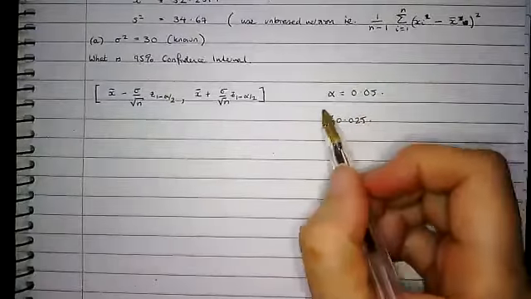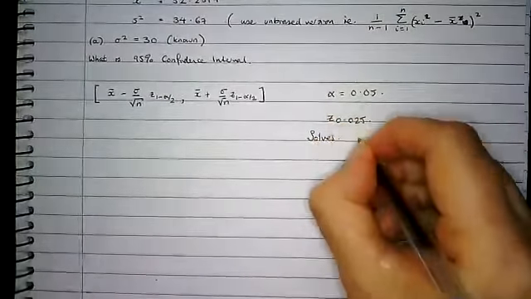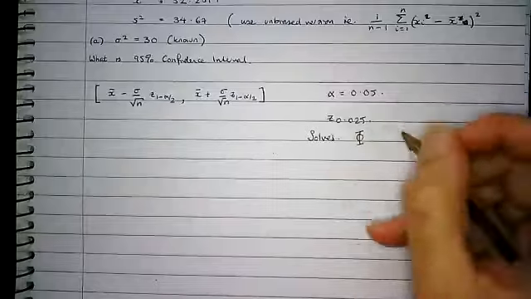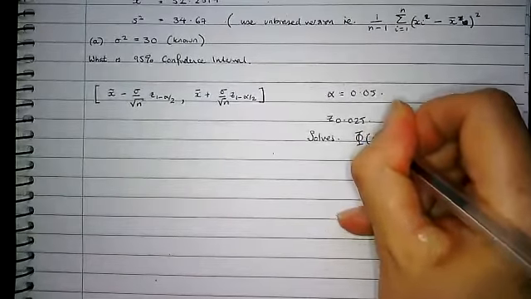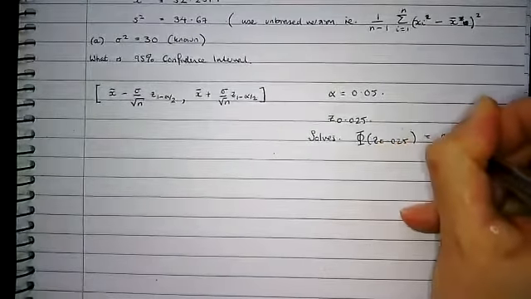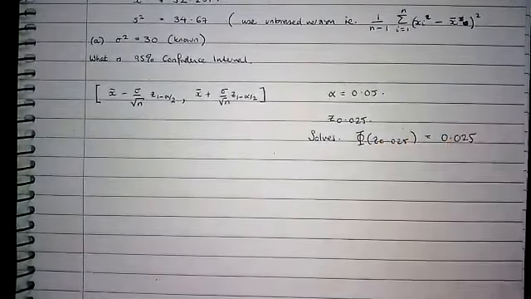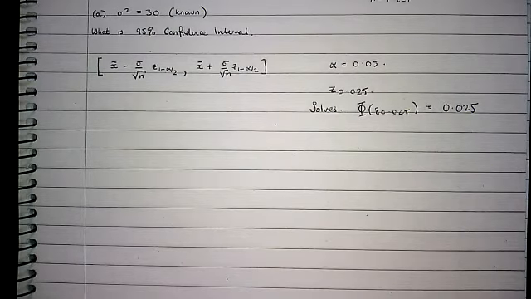And this thing by definition solves, put it into the CDF of the normal distribution, 0.025 equals this one. Okay, and we can look up that z in the table.